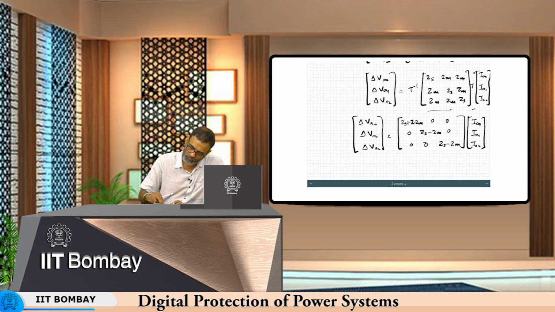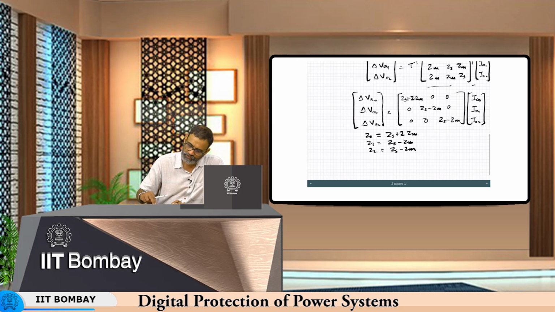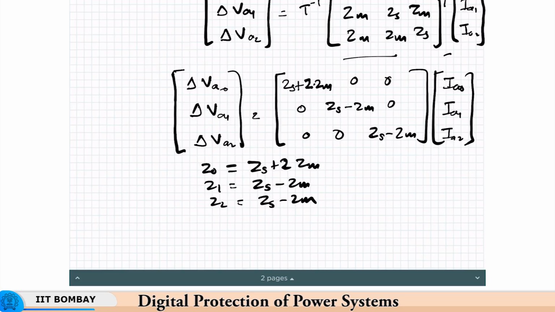So, these three elements we will denote as Z0 equal to Zs plus 2 Zm, Z1 equal to Zs minus Zm, and Z2 equal to Zs minus Zm. Z1 is equal to Z2. These are the zero sequence, positive sequence and negative sequence impedances, and as I was saying, Z1 equal to Z2, which is true of any static equipment.